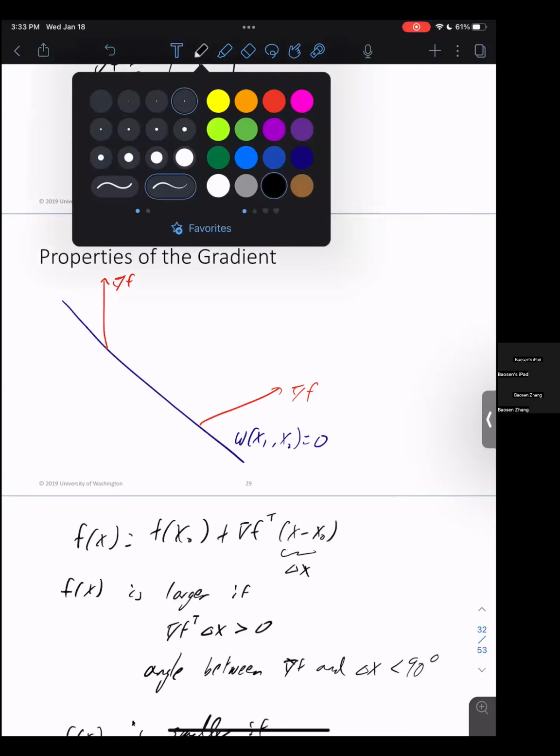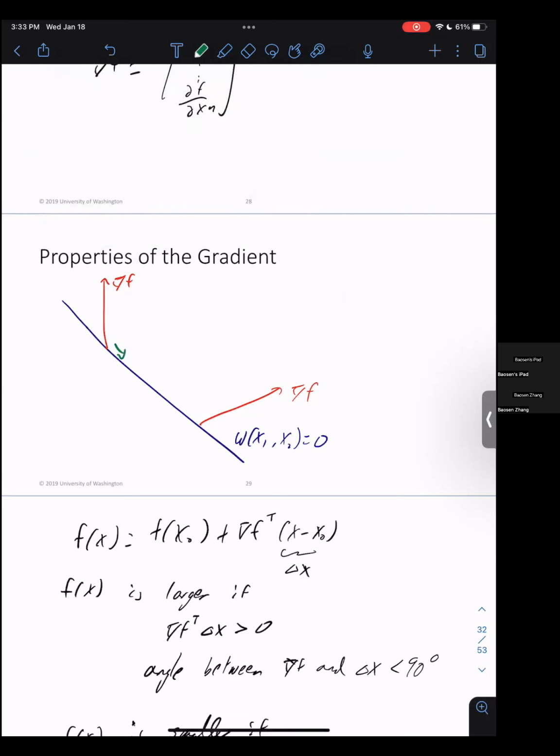So I can go this way to decrease the functional value. As long as I make an angle, as long as the angle is not 90 degrees, you're fine. So where does the optimum happen? The optimum happens when your gradient is exactly perpendicular to your constraint. Then there's no way I can move. The inner product is 0, then I'm stuck.